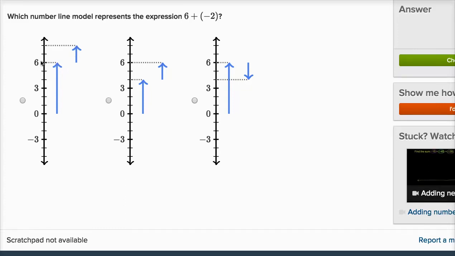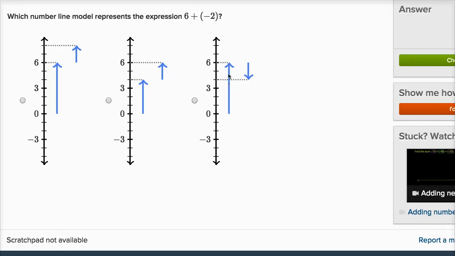So this one right over here is +6 plus 2, or +6 plus +2. This one over here, we're starting at +4, and then we're adding 2, so that's not what we're talking about. This one over here, this tall arrow, it's pointing up. It gets us to +6. The tip of the arrow is right at +6. But then we go back down 2. So this would be +6 plus -2.